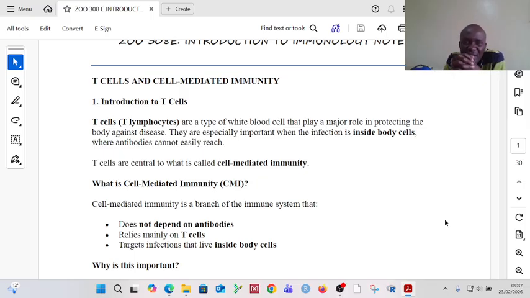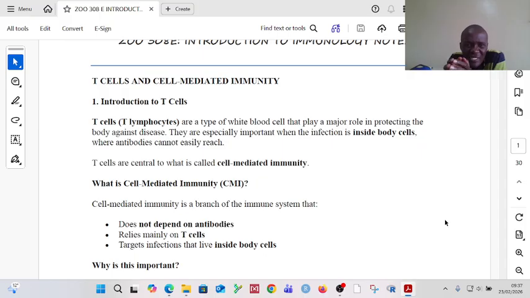So T cells, otherwise referred to as T lymphocytes, are a type of white blood cells that play a major role in protecting our bodies against disease.